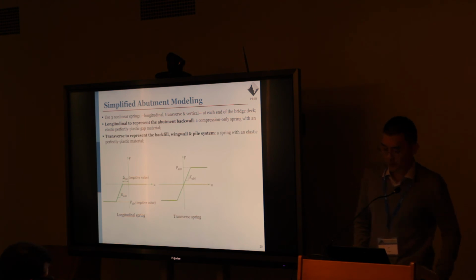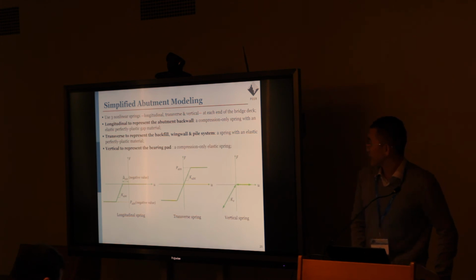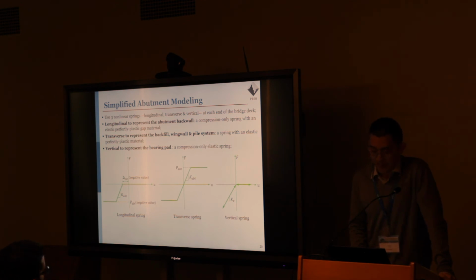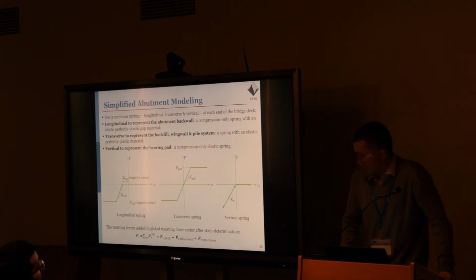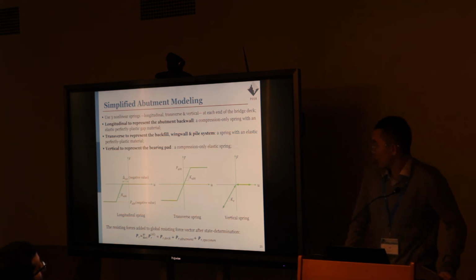In the transverse direction, a spring with an elastic, perfectly plastic material was used to represent the backfill, the wing wall, and the piles. And in the vertical direction, a compression-only elastic spring was used to represent the bearing pad. In formulating the equation of motion, the resisting forces from the abutment were added to the global resisting force vector after performing the state determination.